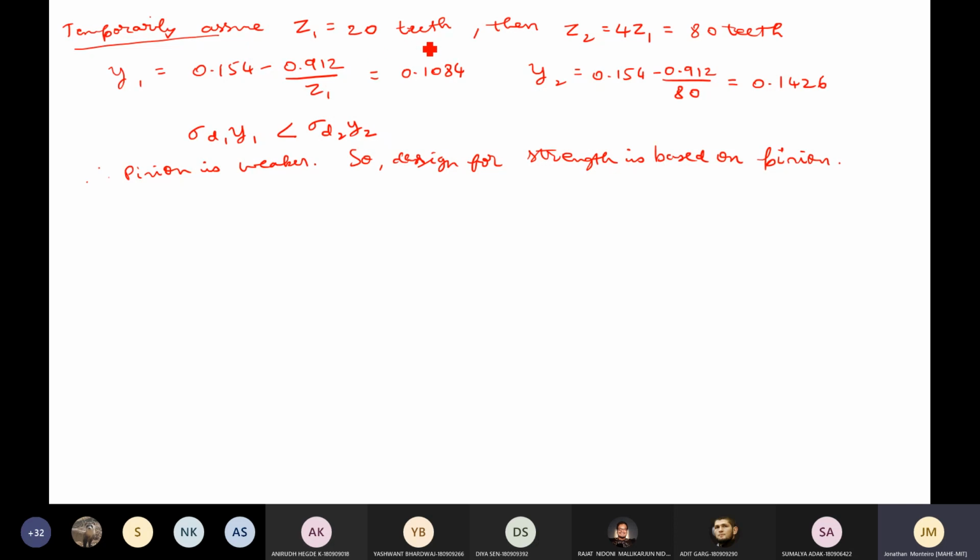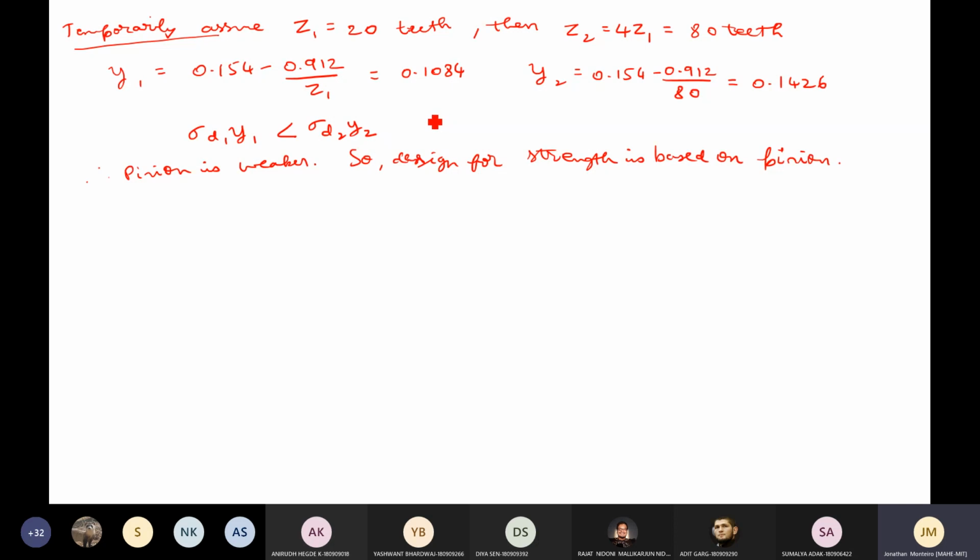So this 20 teeth, simply because we have taken it here, doesn't mean that we have rightly taken it. It may be 20, it may be lesser than 20, it may be more than 20. We'll just have to find out later. So temporarily assume that z1 is 20 and accordingly adjust z2, to find out which is the weaker member. This temporary assumption is only to find the weaker member, not to use the same value and continue in the problem.